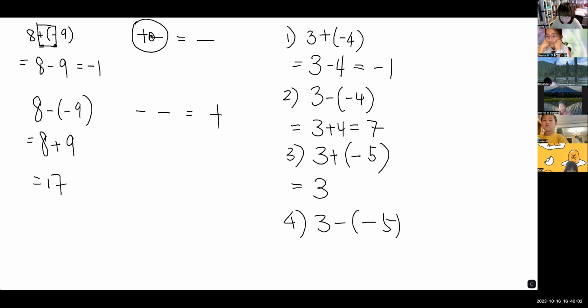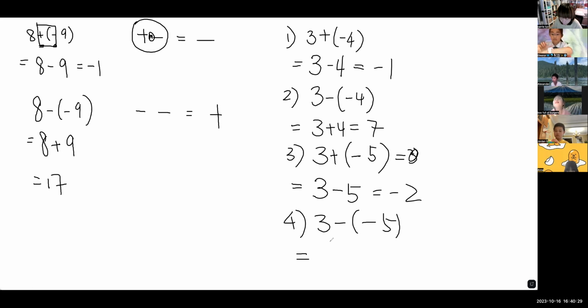Because it's 3 plus negative 5. Very good. Okay, so 3 minus 5 equals what? 3 minus 5 equals negative 2. Good job, Alexander.